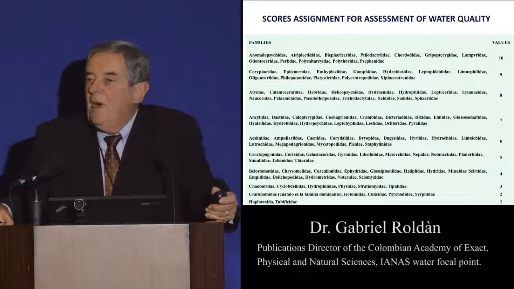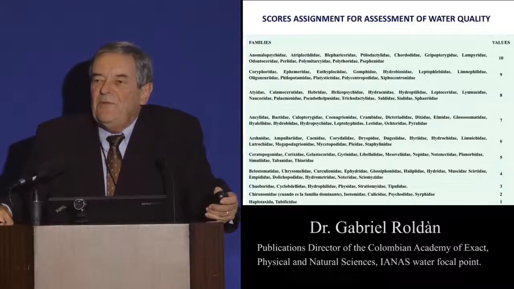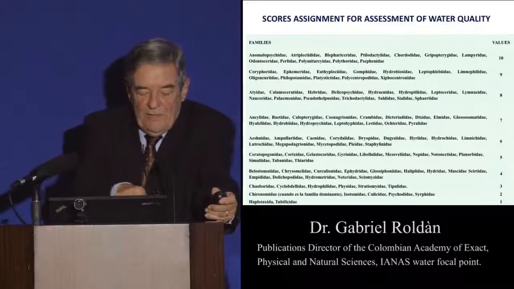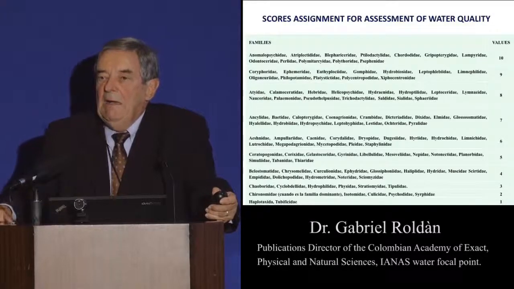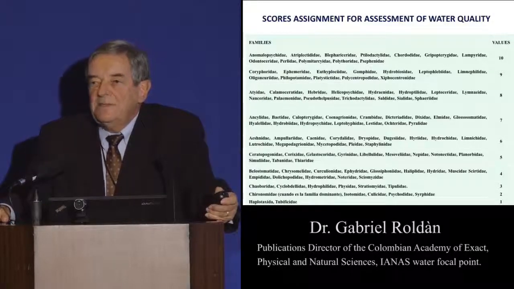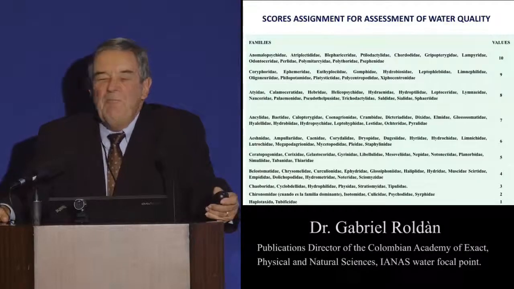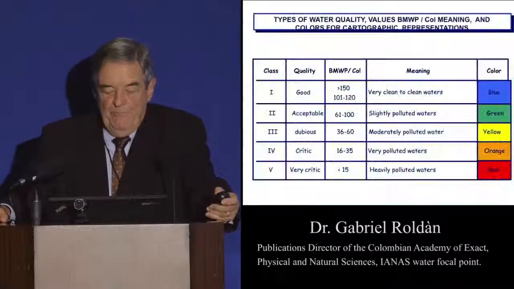It took about 20 years to make different keys for these organisms. You have here families scored from 10 to 1, and 10 means organisms that only live in better quality water, and the bad ones mean 1.